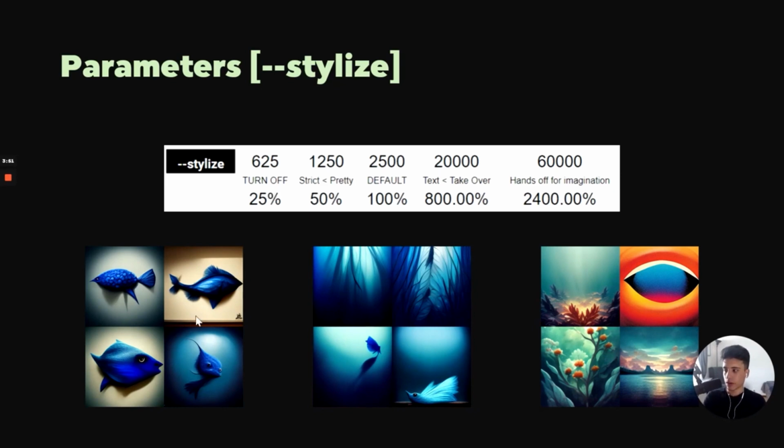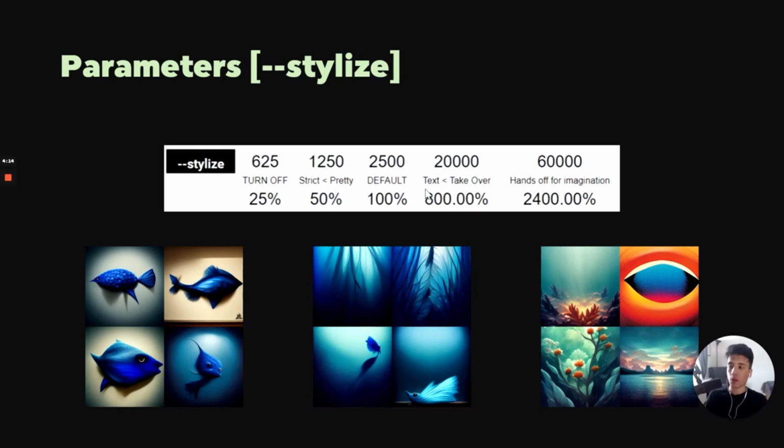So, here is what that looks like. And the default, if you don't use this parameter at all, it'll automatically go to 2500, and it will be a bit better, a bit more beautiful, and it looks like this. It has more, for example, the ocean in it. It's swimming. It's more artistic in a way.